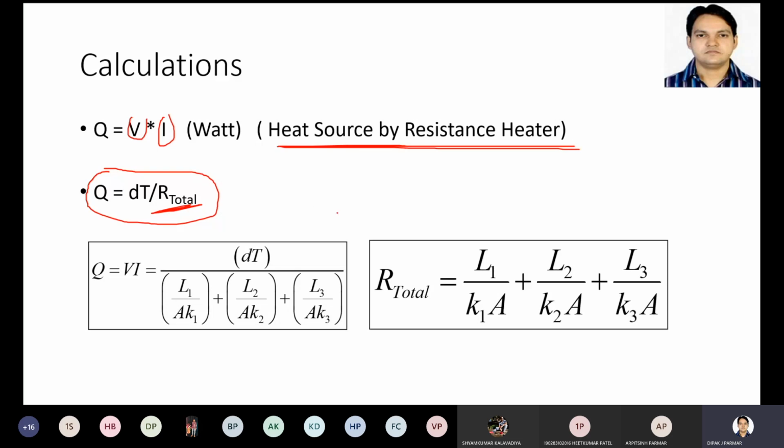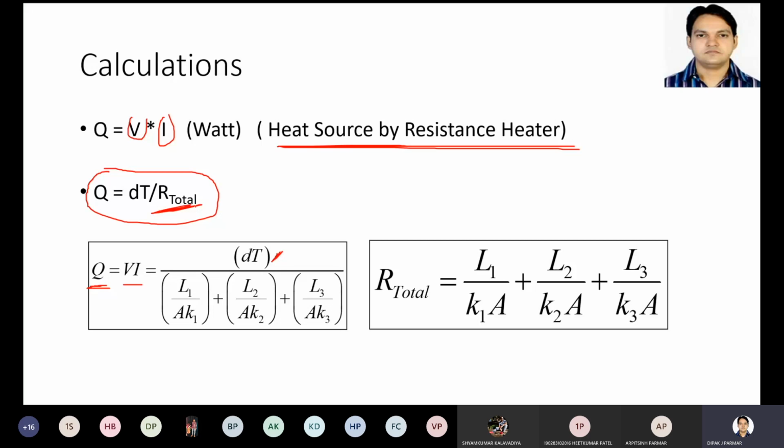We have three different plates here. We neglect the convective heat transfer coefficient, so the resistance of convection heat transfer is neglected. So our equation becomes Q, which is V into I, equal to delta T divided by R total, the total resistance.